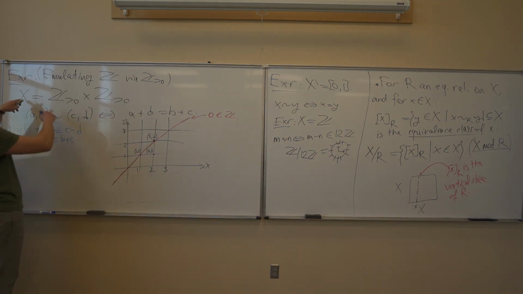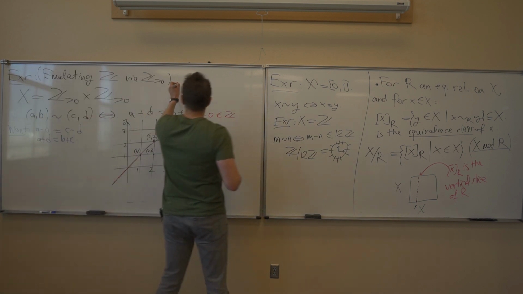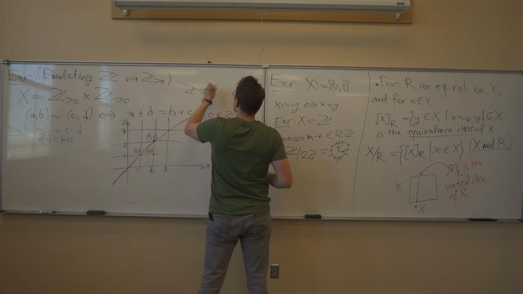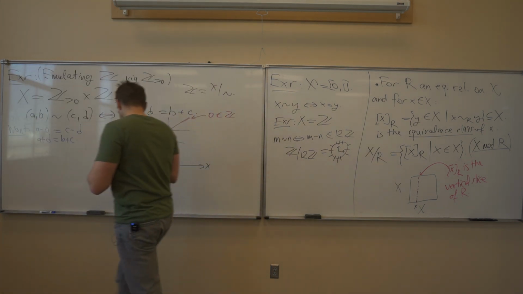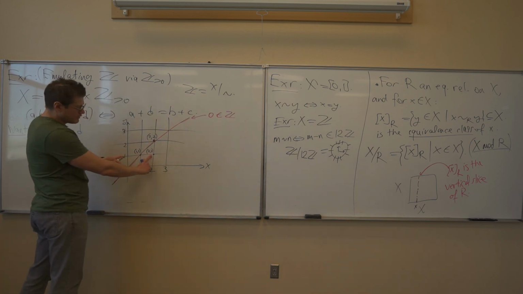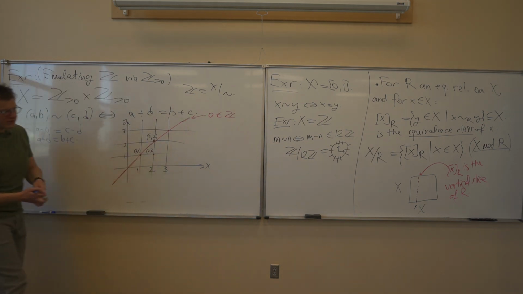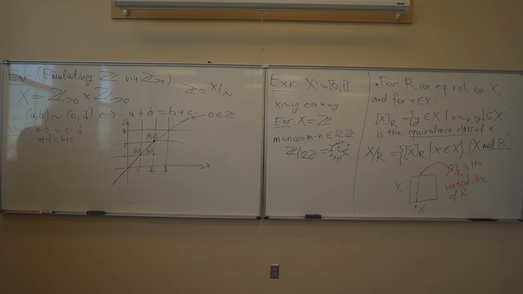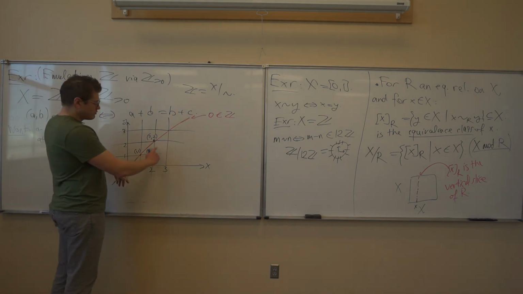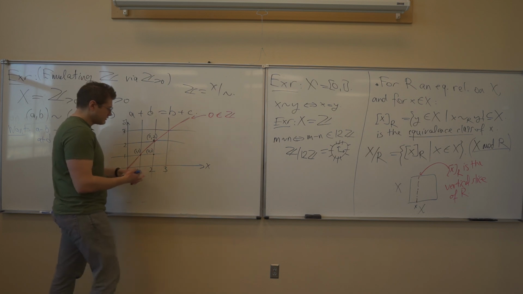So using the notation, Z now is X mod the equivalence relation. And likewise, for instance, (2, 1) should represent 2 minus 1, which is 1, which should be 1 ultimately. And so this point should be the same as (3, 2). Okay?